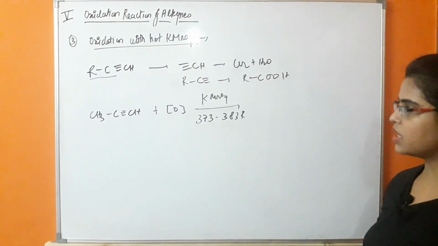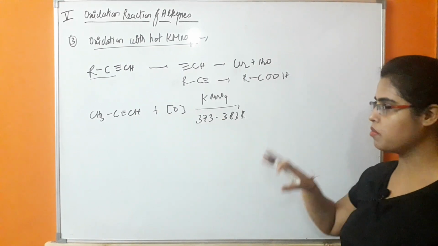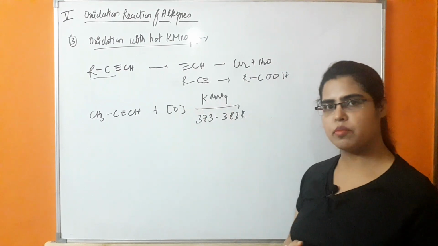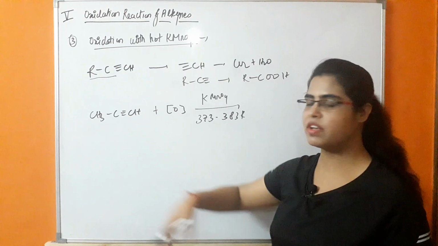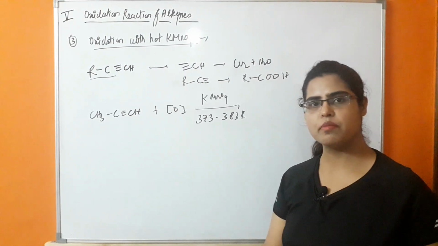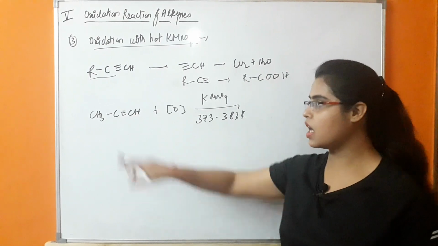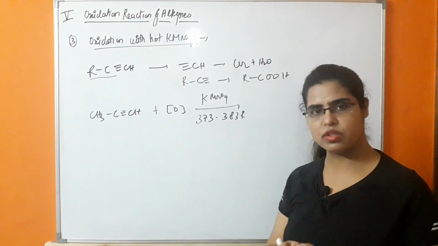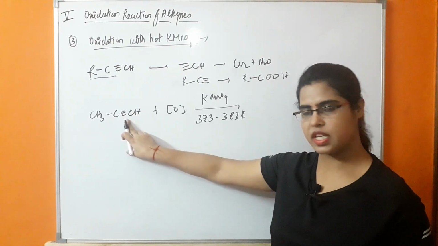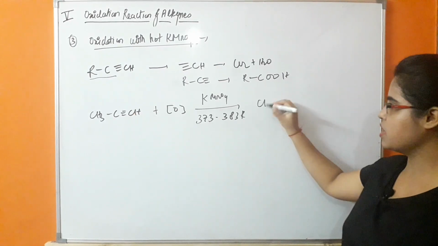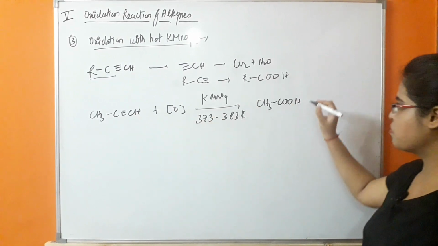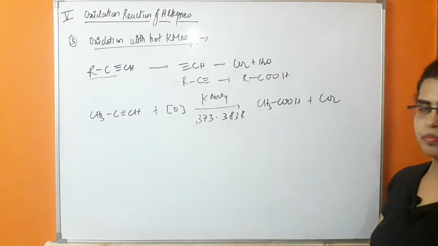Because of that, there is a formation of carboxylic acid. We know that in the presence of hot KMnO4, there is complete cleavage of C triple bond C. It means both the pi bonds are cleaved and also the carbon-carbon sigma bond, which is formed between this C triple bond C, is also cleaved. So there will be formation of CH3COOH, and this triple bond CH part will form CO2.